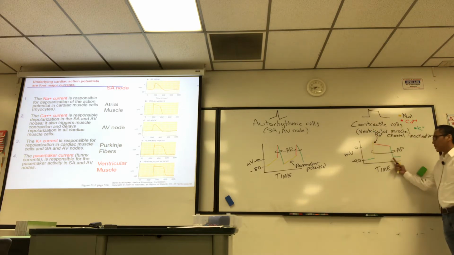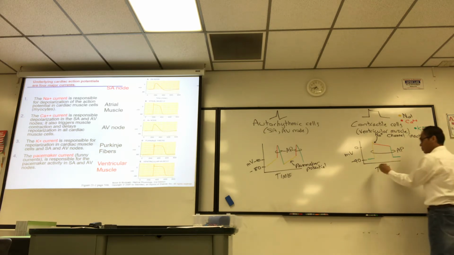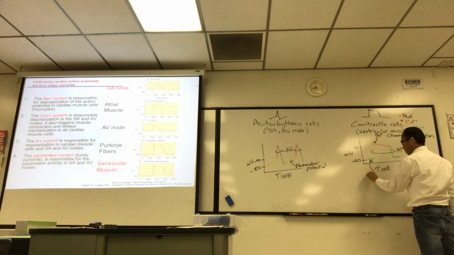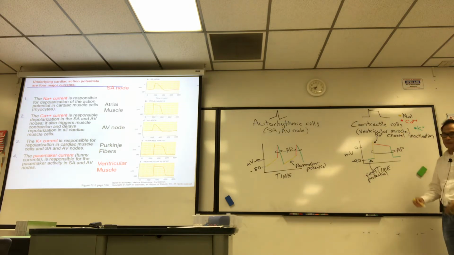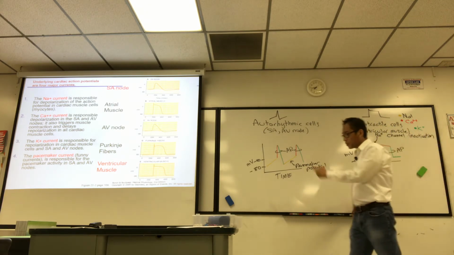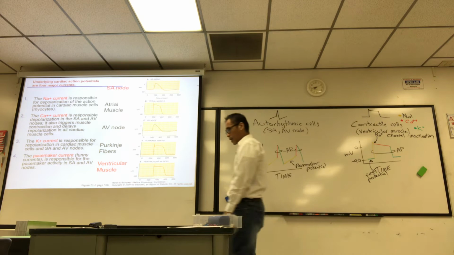Where's the pacemaker potential here? There isn't one. Where's the threshold potential? There isn't one. You go straight from rest to action potential. So we call that negative 90 resting potential, I guess, if you want to call it something. But the main thing to teach is the action potential. Okay. And you're supposed to know what current carries what. So let's move away from this.